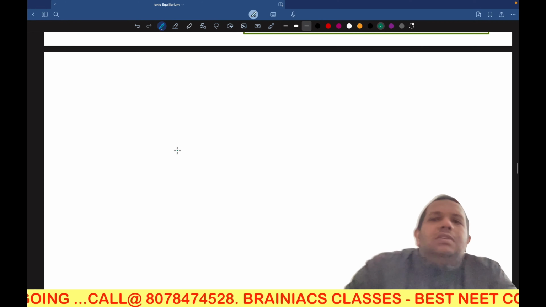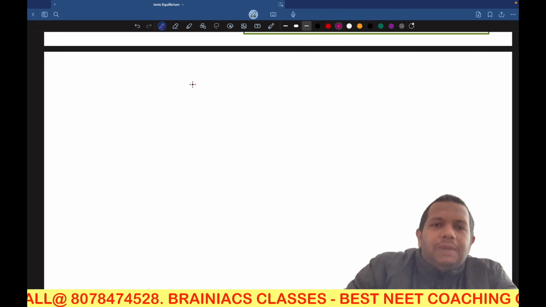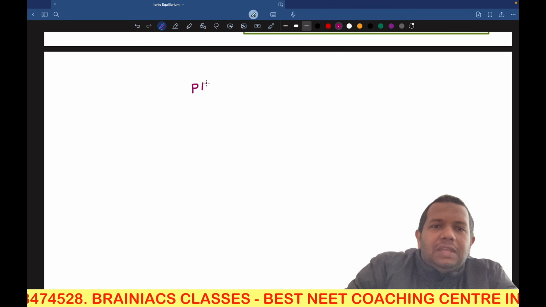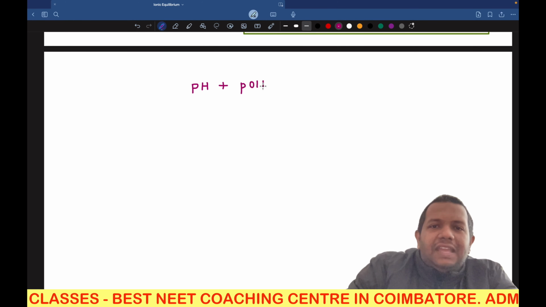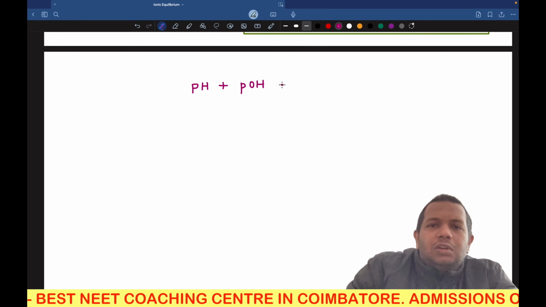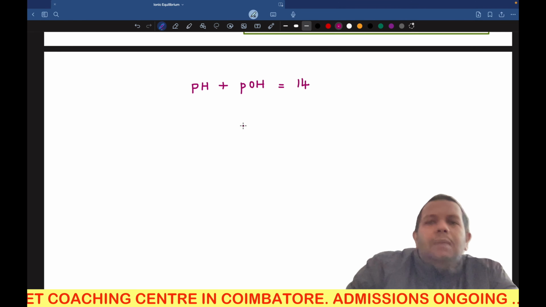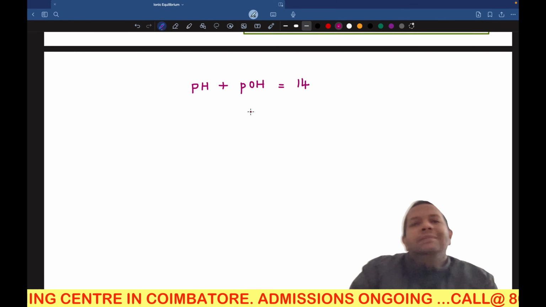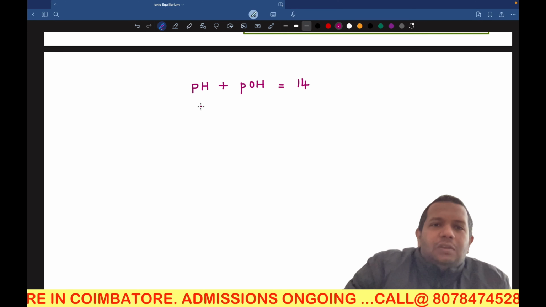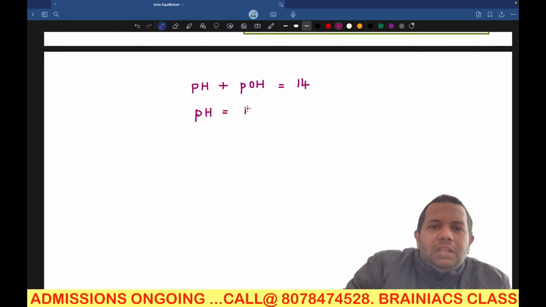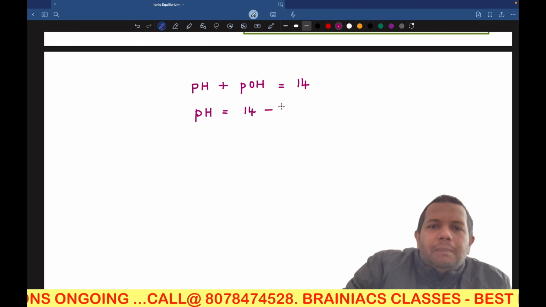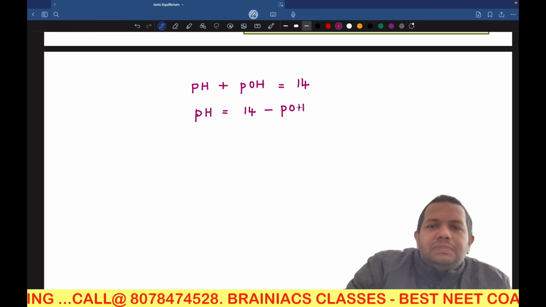So what is pH? We will write down the fundamental relationship for that. pH plus pOH: we have seen the scale, so if you add these two, the total scale is 14. So pH plus pOH is 14. Let's substitute here. pH would be equal to 14 minus pOH.